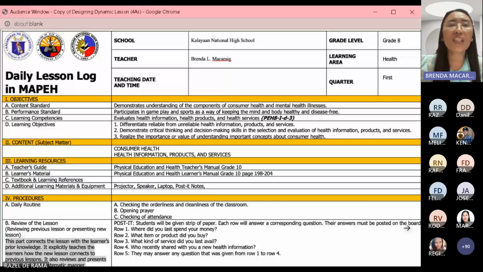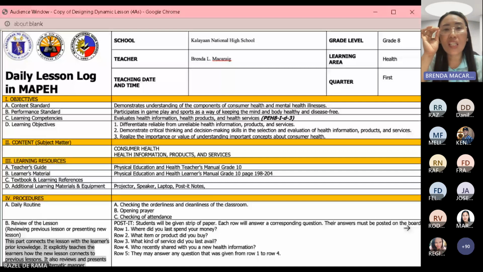So performance standards: participates in gameplay and sports as a way of keeping the mind and body healthy and disease-free. Learning competencies: evaluates health information, health products, and health services. Andyan po yung code. Learning objectives: differentiate reliable from unreliable health information, products, and services.